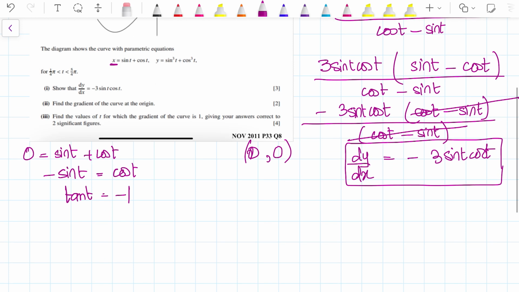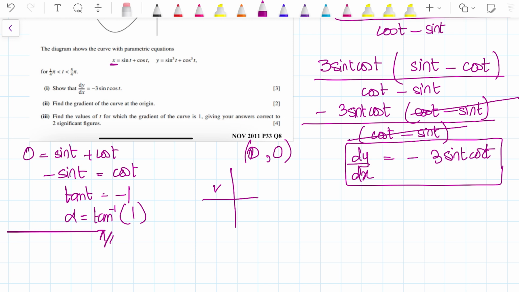A negative 1 means that tan is in the second quadrant. Okay, so how do we find out the basic angle? We find out the basic angle, we ignore the sign. Tan inverse 1 gives you pi by 4. Pi minus pi by 4 gives you 3 pi by 4. Okay, so let's input the value of t as 3 pi by 4 here.